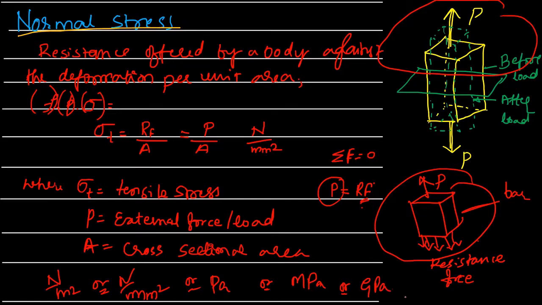So Pascal is what? 1 Newton per meter square. Now this is the definition of normal stress. In normal stress you are going to get two types here. One is tensile stress.